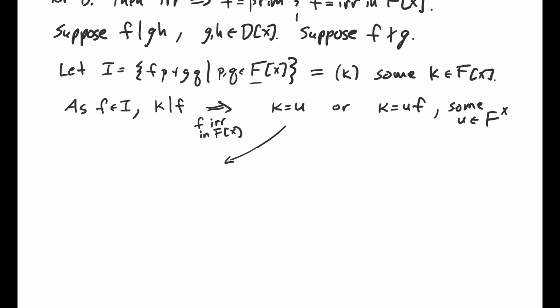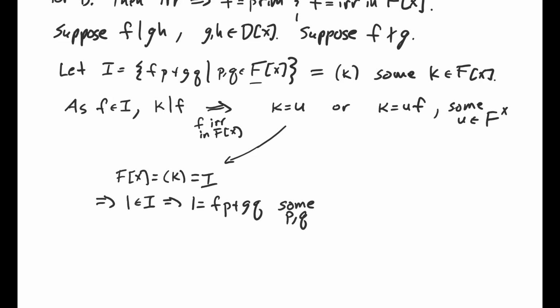Well, in this first case where k is equal to u, the ideal it generates is everything, because everything is a multiple of a unit. And if it's everything, in particular 1 is in there. That means you can write it as a linear combination of f and g: fp plus gq for some polynomials p and q in F[x].